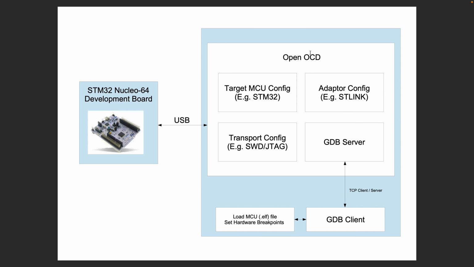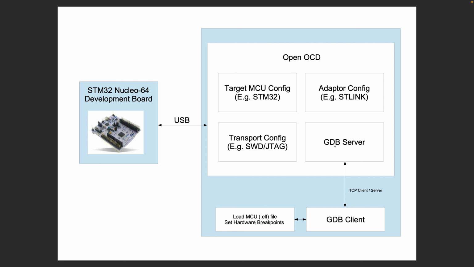So basically OpenOCD has lots of config files for the many adapters that are out there, J-Links, ST-Links. It has config files for the interface that's used to talk to the MCU, whether it's single wire debug or JTAG, and it also has config files for all the different MCUs.